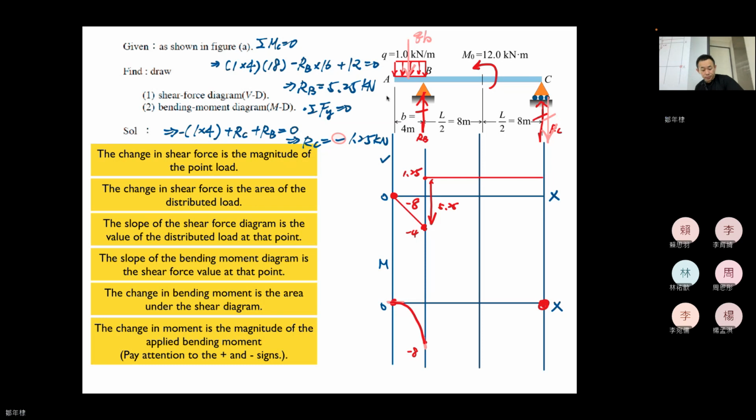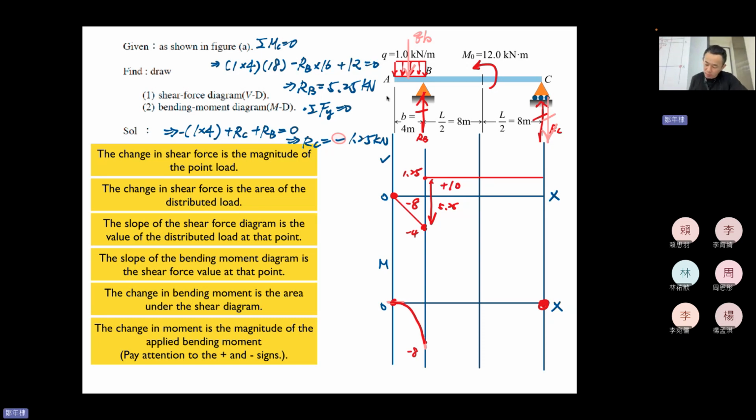Done. And then let's take a look. How much will the moment increase in this section? It will be the area of this. The area here is 1.25 times 8, so it should be 10.